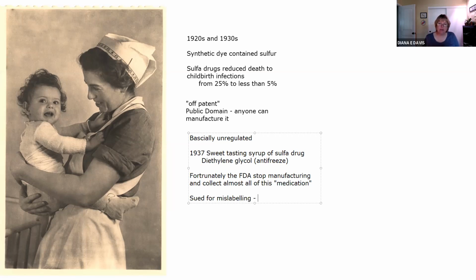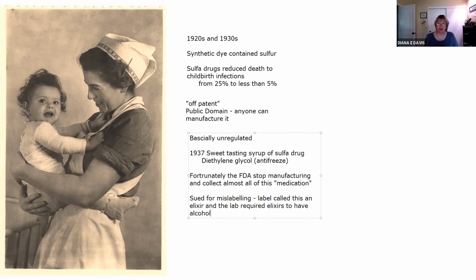Because the label called this an elixir, and the law required elixirs to have alcohol. So that's it. That is the whole reason they were able to be sued.